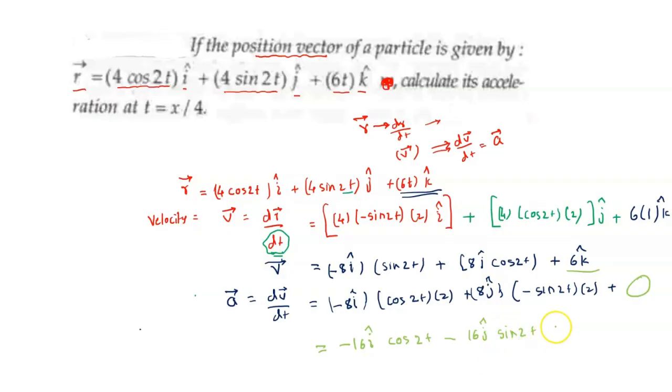Taking negative 16 common, it is minus 16 times i hat cos of 2t plus j hat sine of 2t. This is the acceleration we get for this position vector.